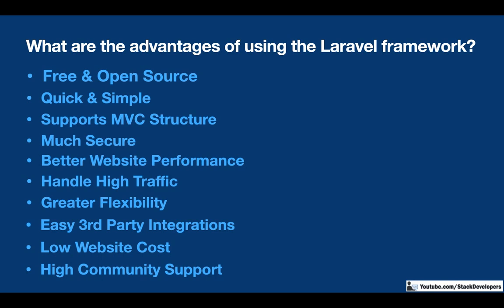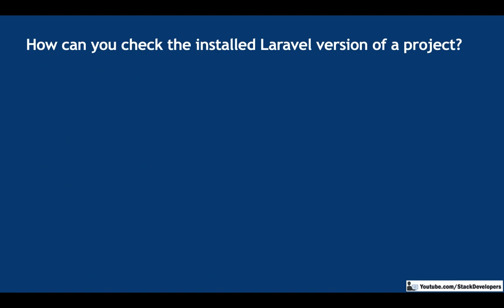Let's see another question. How can you check the installed Laravel version of a project? Many times we need to check which version of Laravel we are using. If we have been using Laravel for a long time, we often don't remember which version we used for a project made 2 years back.